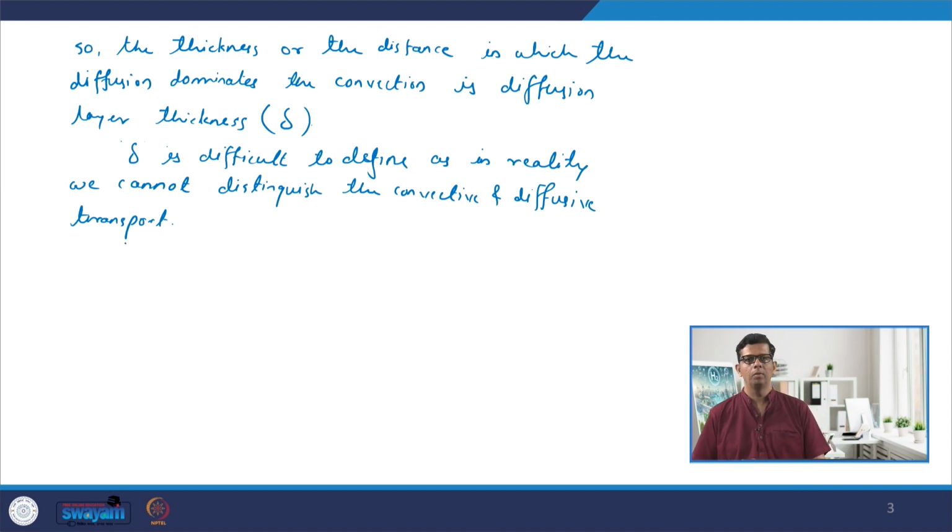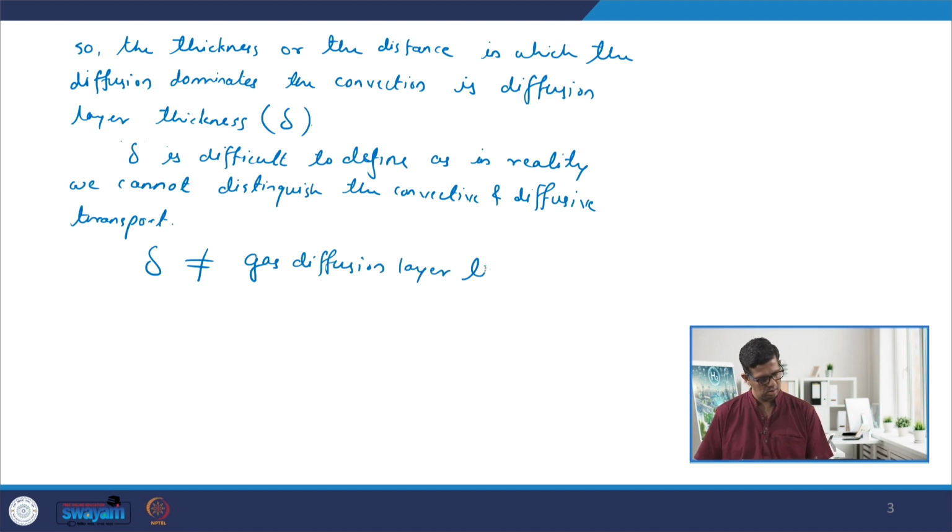And one thing we have to very clearly understand is that this delta is not equal to the gas diffusion layer thickness. Let me write the GDL thickness as T GDL.